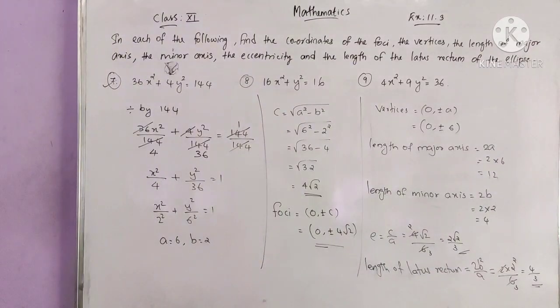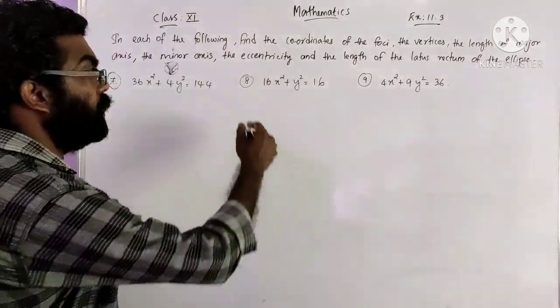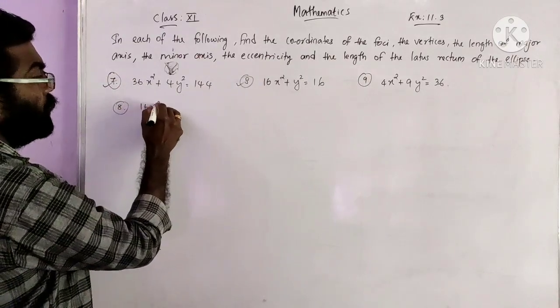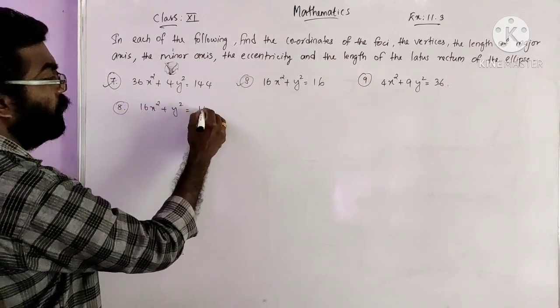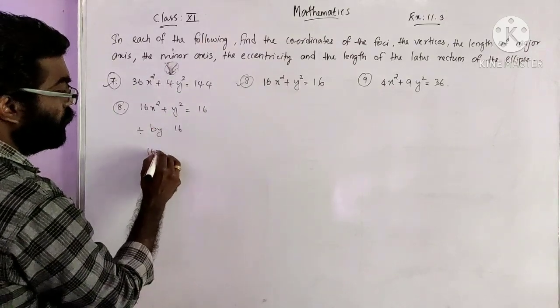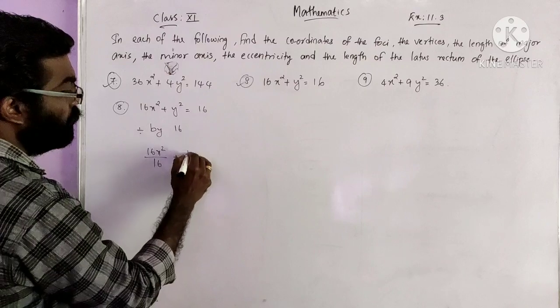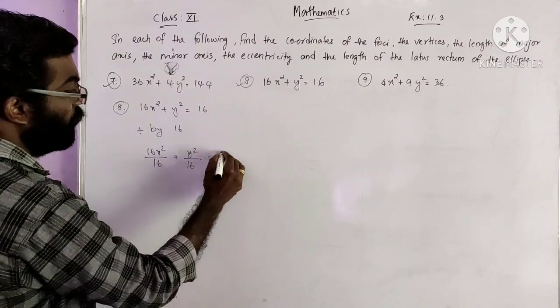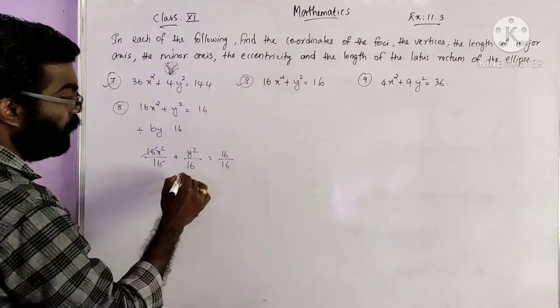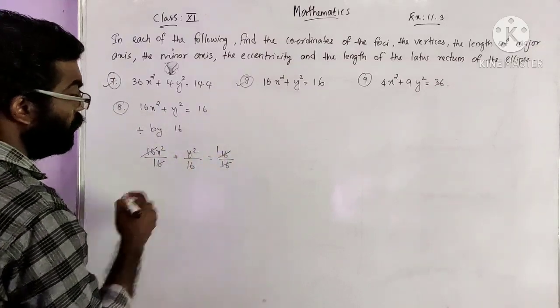Now consider the next one, question number 8. 16x square plus y square equal to 16. We can divide throughout by 16. So 16x square by 16 plus y square by 16 equal to 16 by 16. Here 16 and 16 we can cancel. Here also we can cancel.